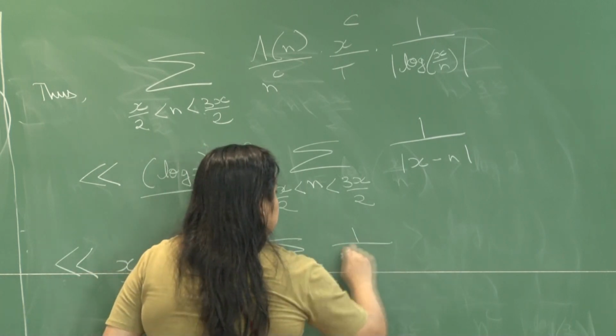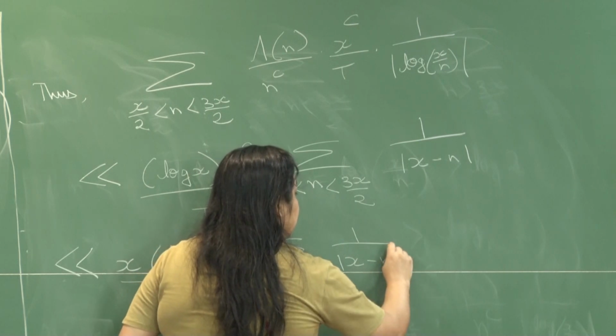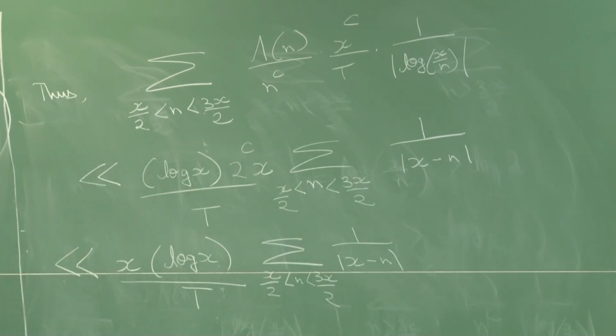Remember, we have started off with x to be something which is a natural number plus a half. Let us say x is the greatest integer of x plus a half.